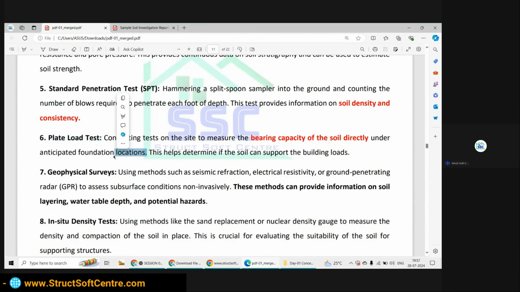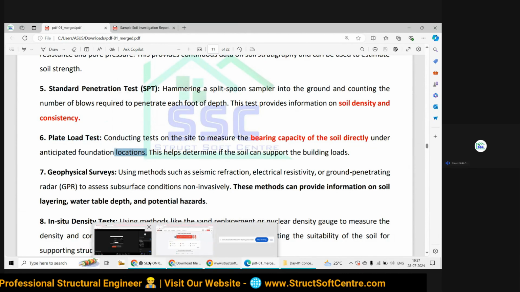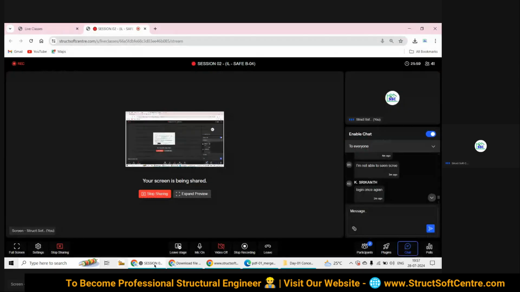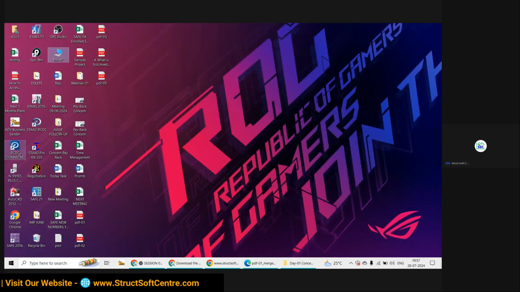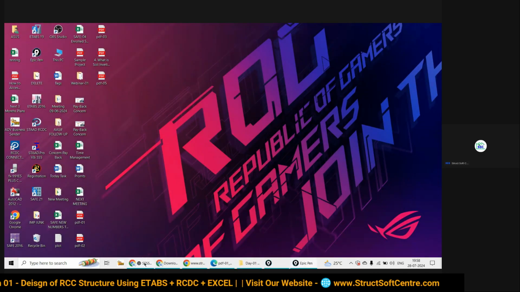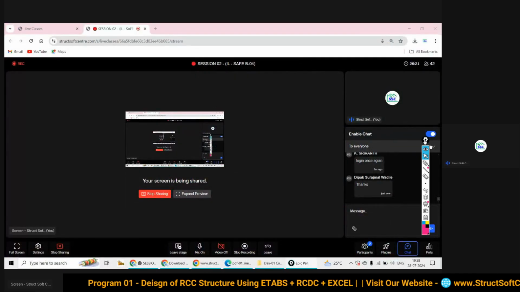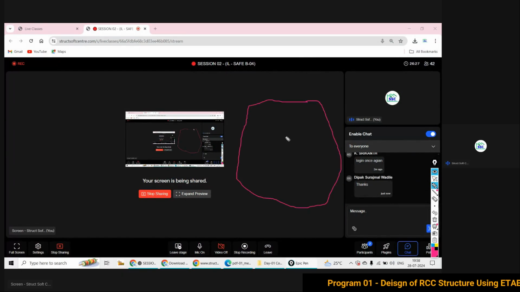Actually, sometimes it is a very important thing to decide at what point the soil exploration is needed. For example, suppose I am asking you to do the investigation for a very big area.